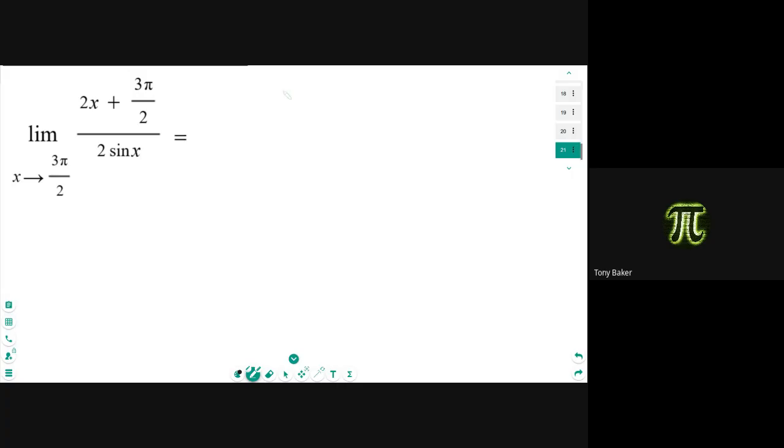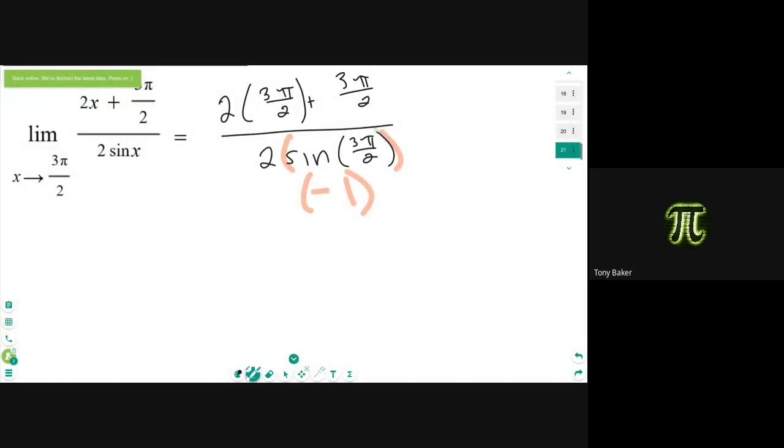All right, let's plug in 3 pi over 2. All right, so my bottom is just -2.